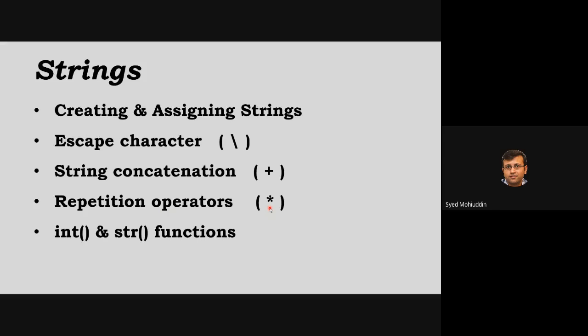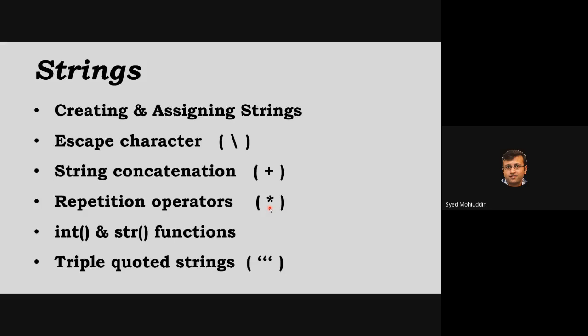In the same way, int function is used to create integers, as well as it is used to convert or typecast any string which contains numerical values, a numerical string, into a number. It may be a floating point or it may be an integer.